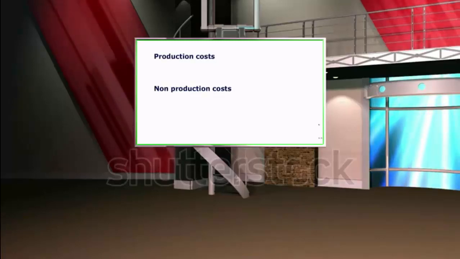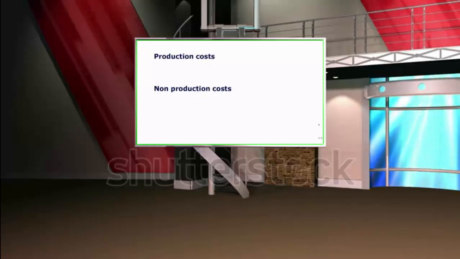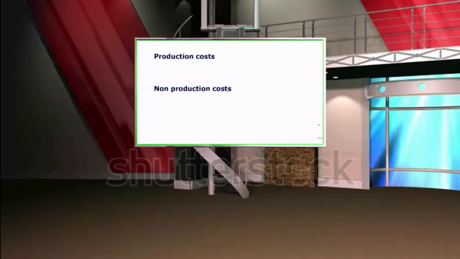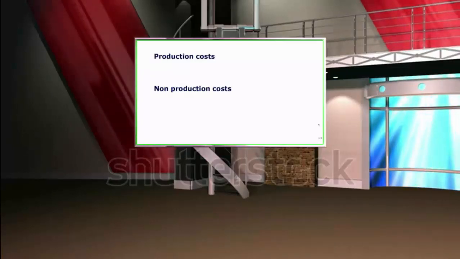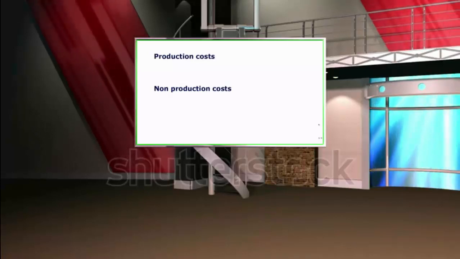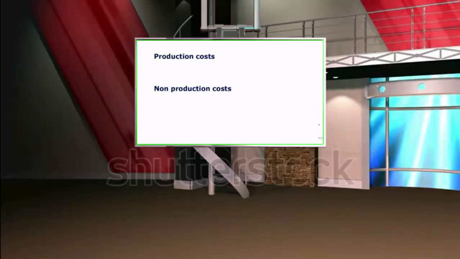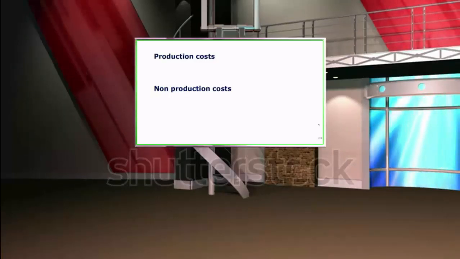Production costs are the costs a company must incur in order to produce their product or provide their service. So in a manufacturing environment, our production costs are all of the costs associated with our factory. This is the money we must spend just in order to produce our goods.